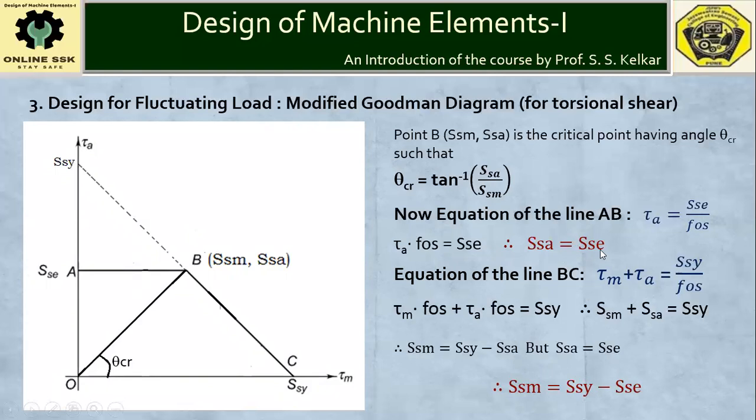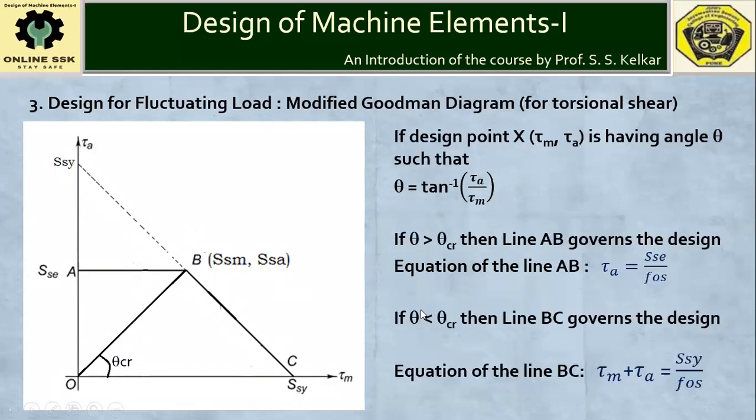SSA will be directly taken as SSE, whereas SSM is equal to subtraction of SSE from SSY. That represents SSM. So knowing the values of SSA and SSM, one can calculate theta critical, and having tan inverse of tau A upon tau m, one can calculate theta.